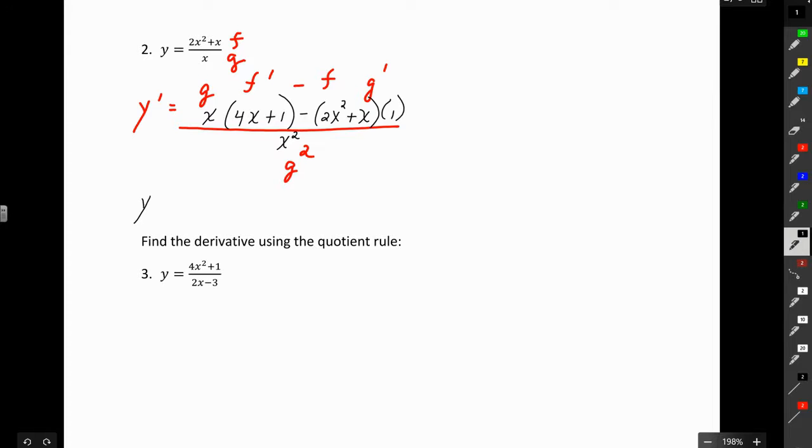So we end up with, if we distribute the x, we get 4x squared plus x, and then distribute the negatives. So we end up with minus 2x squared minus x. And then combine like terms in the numerator, we end up with 2x squared over x squared, which simplifies to just 2.